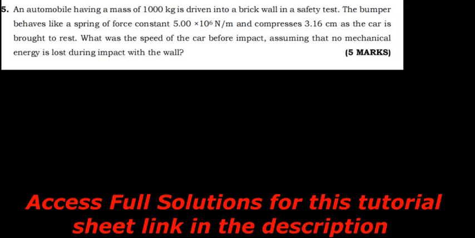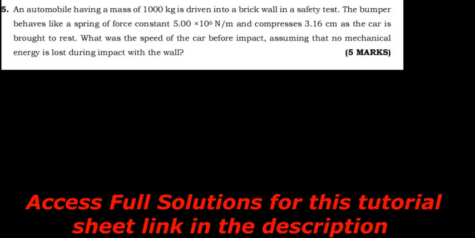So here, if no energy was lost, I want you to understand one thing. An automobile having a mass of 1000 kg is driven into a brick wall in a safety test. The bumper behaves like a spring of force constant 5.00 times 10 to the power 6 Newton per meter and compresses 3.16 centimeters as the car is brought to rest.